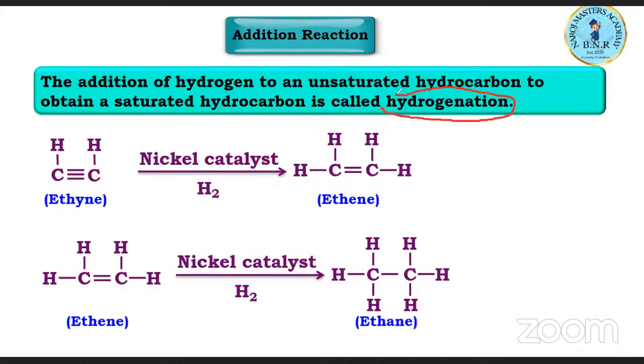The addition of hydrogen to an unsaturated hydrocarbon to convert it into saturated, that process is known as hydrogenation. Adding hydrogen gas to unsaturated to change into saturated is known as hydrogenation.